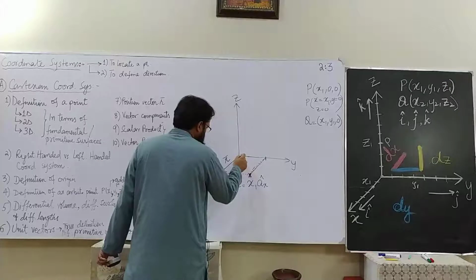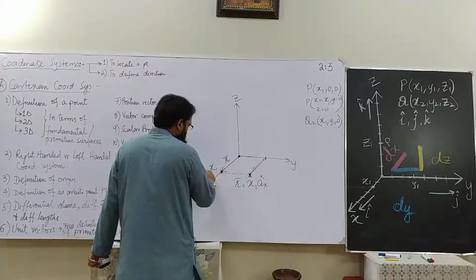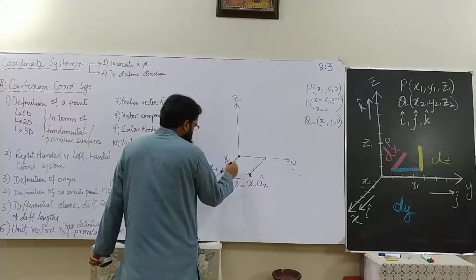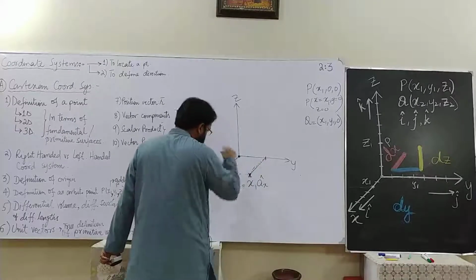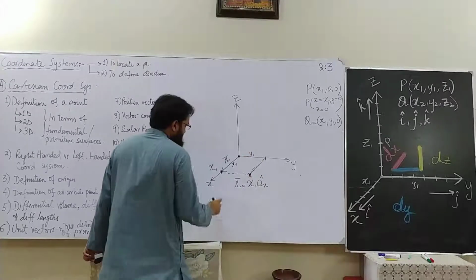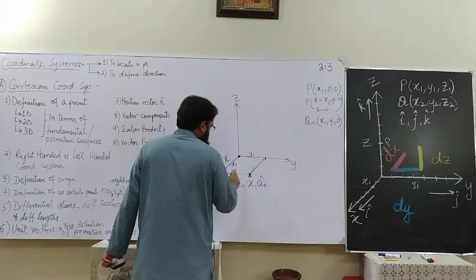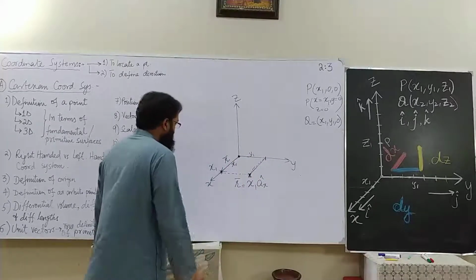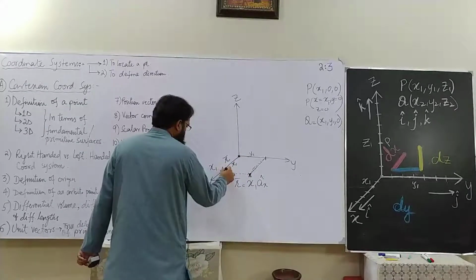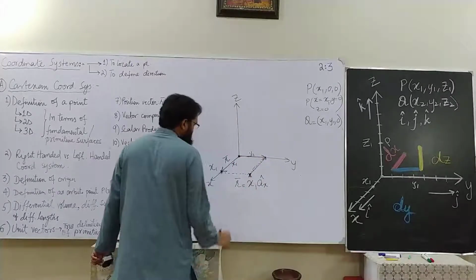So this point is x1 units in the direction of x with respect to the origin, and y1 units away in the direction of y. So if you want to reach this point, move in the direction of x, x1 units, and move in the direction of y, y1 units.